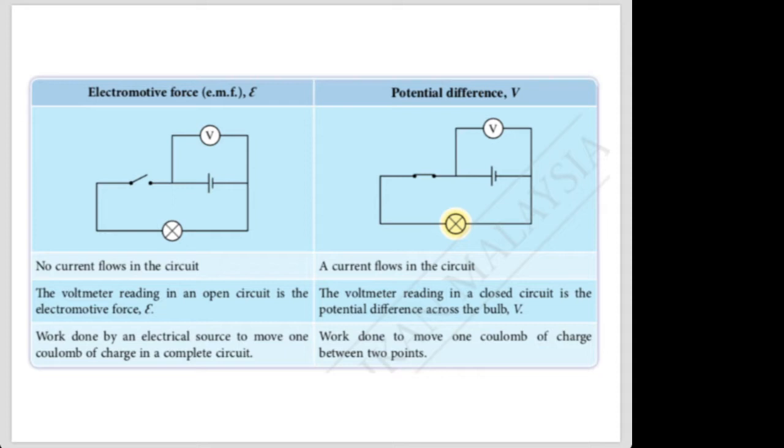But other than that, it's pretty much the same. Sometimes in some questions, there will be no difference between the potential difference and the electromotive force. In some questions, it will be slightly different, so you do have to read the questions carefully.